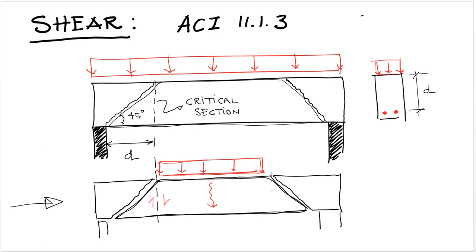That's the shear that will actually make the beam fail, and that's the critical section for shear, so long as the load is applied on the top of the member. And the reason the distance is d is because the shear cracks occur at 45 degrees, and so we have d vertical, d horizontal, same distance.